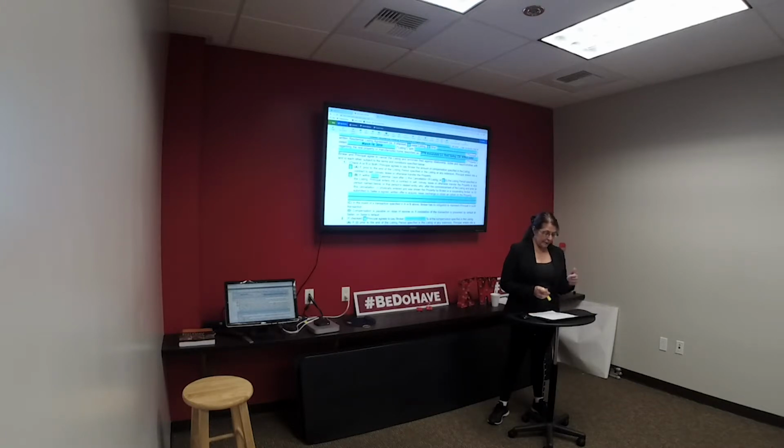B says, if within so many calendar days, we do 180 days, it's a 6-month listing, we do 180 calendar days. So here, this says, if within 180 calendar days after the cancellation of listing, or to the listing period specified in the listing, don't check mark that box, because if you're 5 months into the listing and the listing is canceled, you only have 1 more month of people that you showed the property to being able to purchase it.